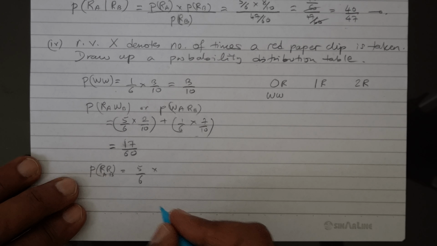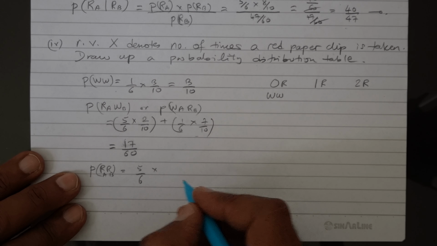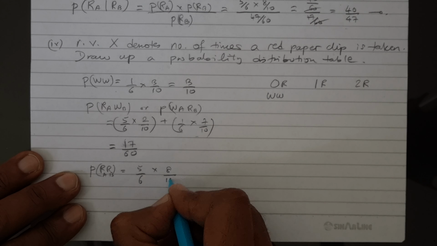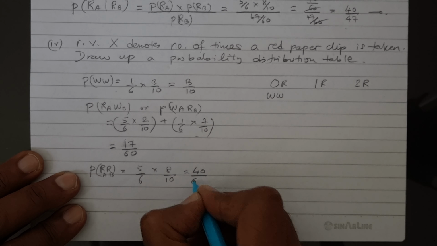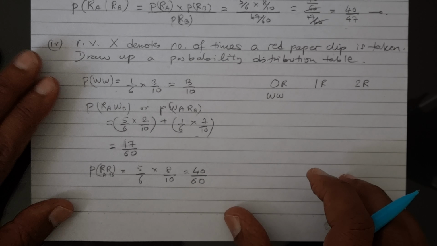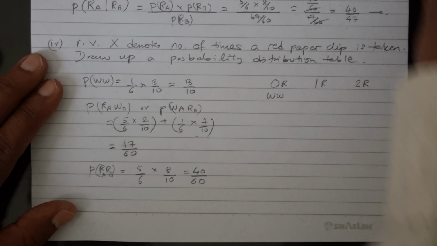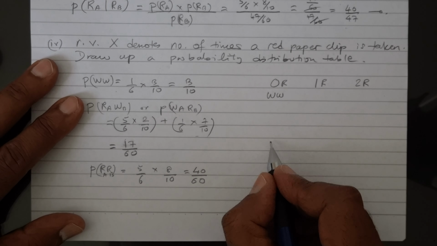And then for the 2 red, I'm going to get 5/6 and then 8/10 from the tree diagram, which makes it 40/60. Now, if I were to draw my probability distribution table, that's going to be very easy.